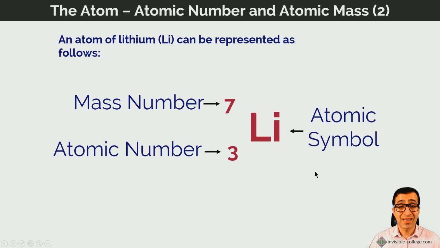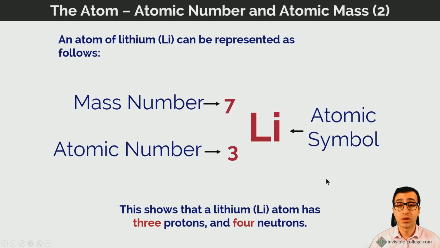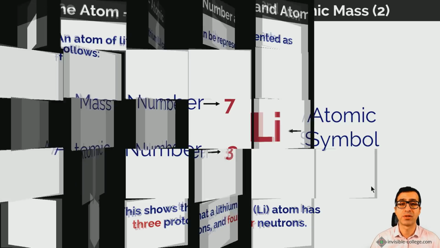So this shows that a lithium atom of this isotope has 3 protons and 4 neutrons, making a total of 7. So if ever you need to calculate the number of neutrons in an atom, you can simply subtract the atomic number from the mass number to find the number of neutrons in that isotope of that element.